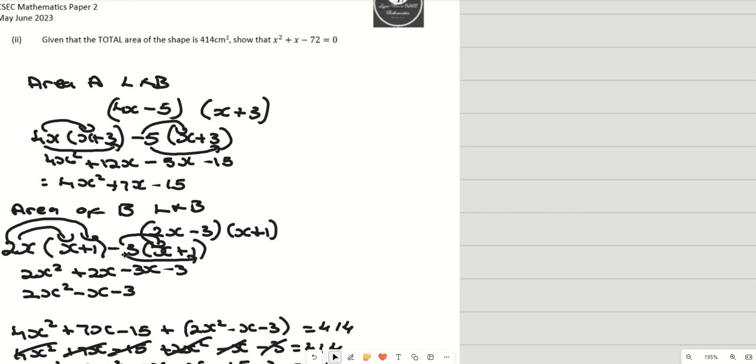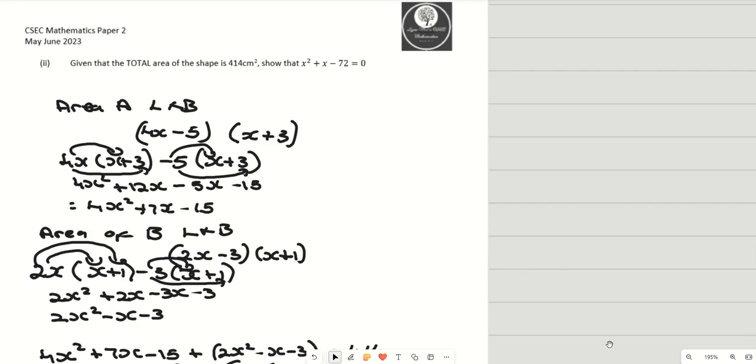Right? So we have now 2x squared plus 2x minus 3x minus 3. Right? 2x minus 3x is equal to negative x. So 2x squared minus x minus 3 is your area for B.